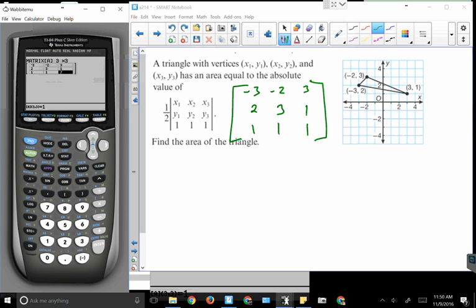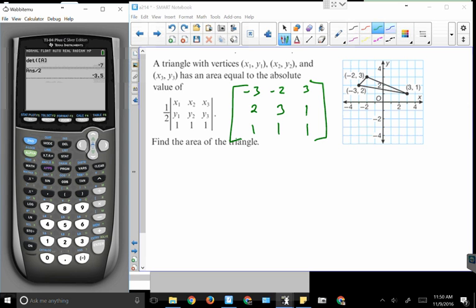Second, quit. Second, go back into matrix. Math, we want the determinant. Back into matrix again, grab A, press enter, so we've got that. But now it's going to be absolute value of half of this. So we divide by 2, and we end up with 3.5.